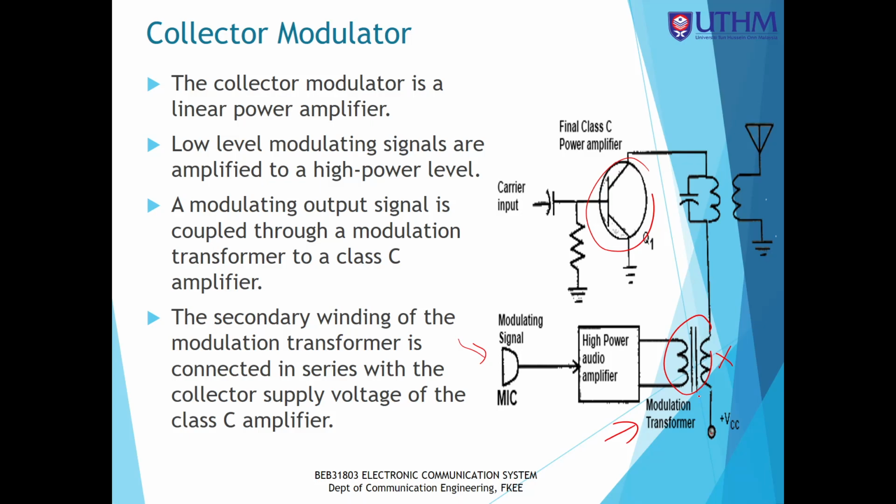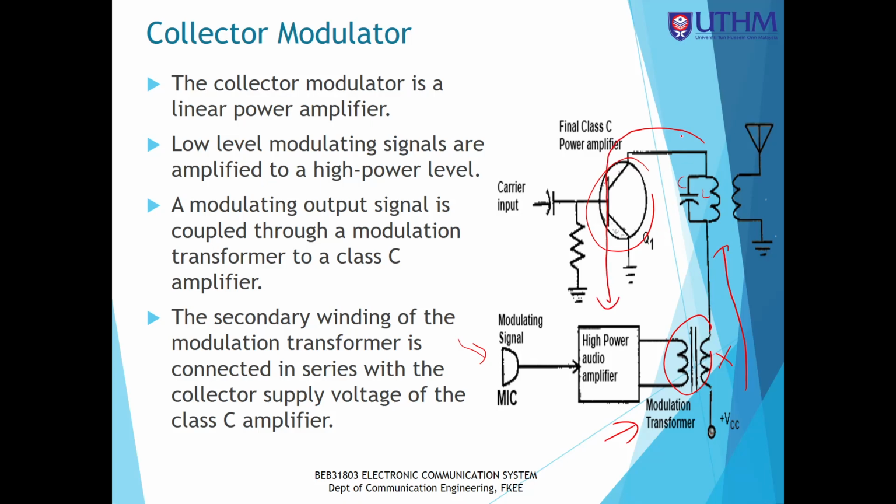You see that this is a VCC, so current will flow over here like this, and this is the LC tank circuit. So the current will flow towards here like this.